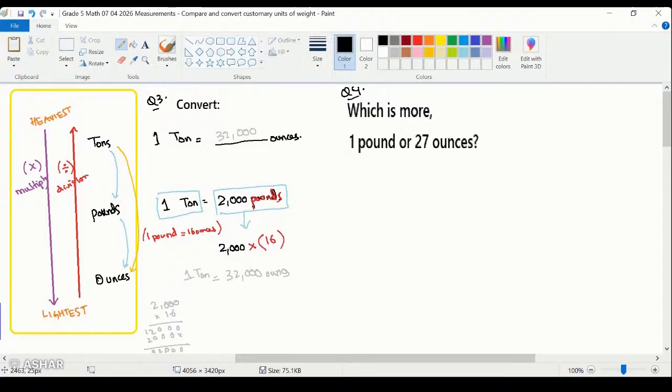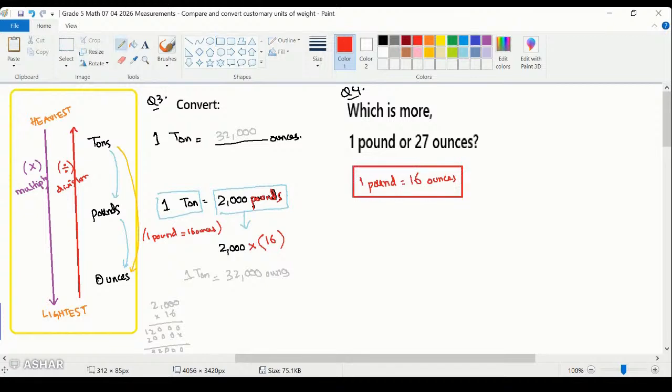See, we knew that 1 pound was equal to 16 ounces, right? We have this information. 1 pound was 16 ounces.